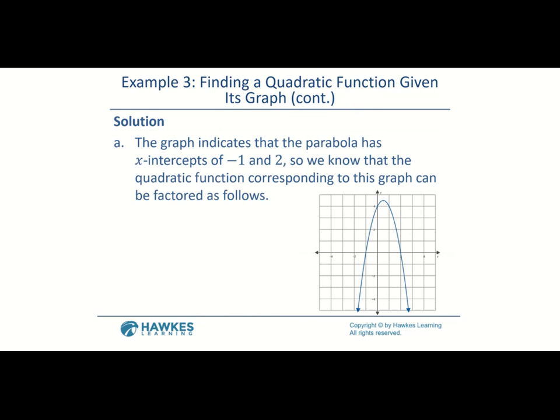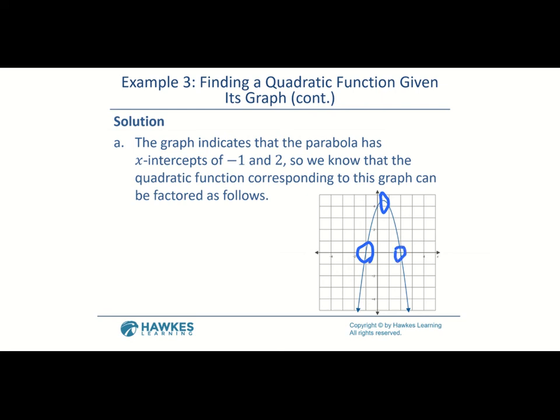So one of the first things you want to look at is the vertex, not easily identifiable. We can kind of estimate what it is, but we don't know for sure because it's in the middle of that square there. But my x-intercepts are pretty clear. I can tell that the parabola crosses over the x-axis at -1 and at 2.